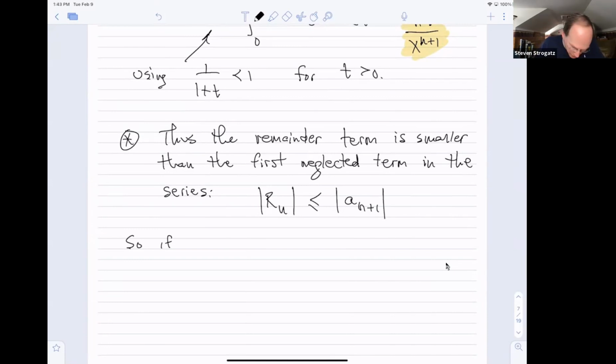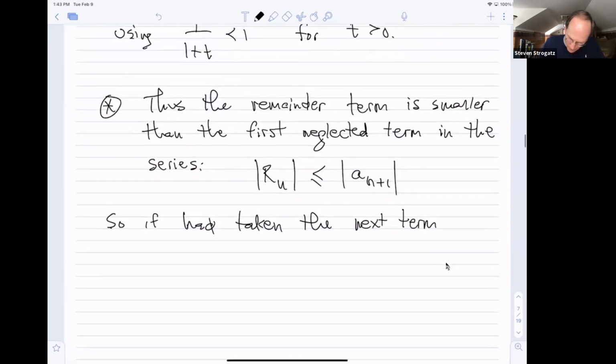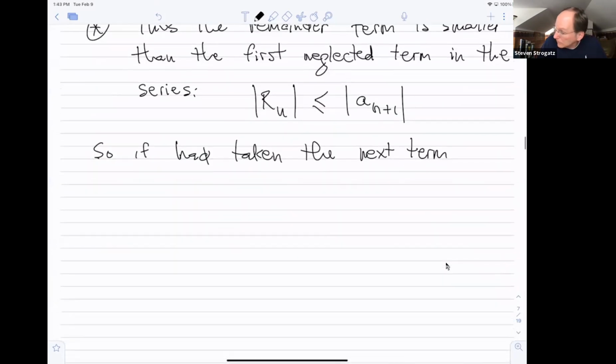So if we had taken the next term, which would be 4 factorial over 10 to the 5th, which, if we want to see how big that is, that's 3 zeros and then a 24.